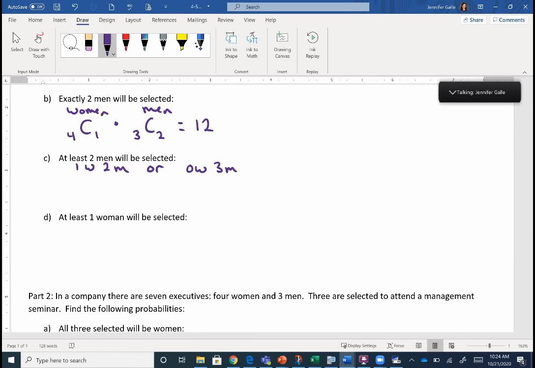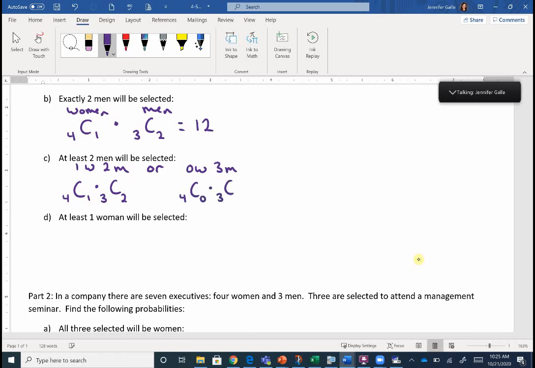1 woman and 2 men. So there's 4 women. I'm going to choose 1. There are 3 men. I'm going to choose 2. I need both of these things, so I'm going to multiply together. 1 woman and, keyword and, 2 men. And then we have 0 women, and we're going to multiply.